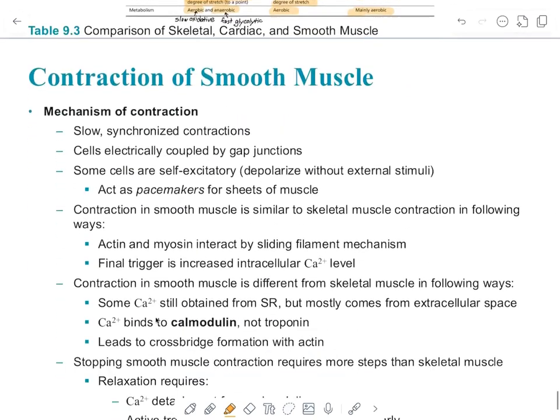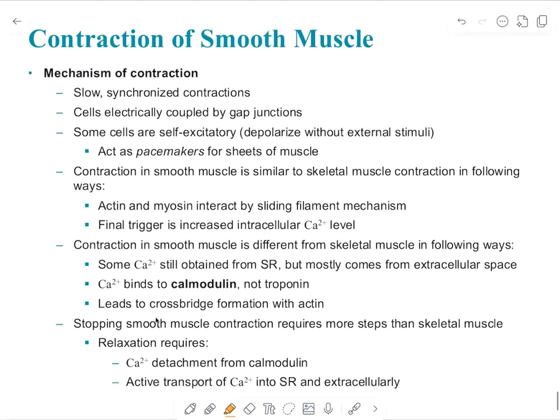So the mechanism of action for contraction for smooth muscle, you don't have to know in as much detail as you learned for skeletal muscle, besides some of the generalities which are shown here. Just like the last table showed you, smooth muscle is slow, synchronized contractions. It's electrically coupled by gap junctions.